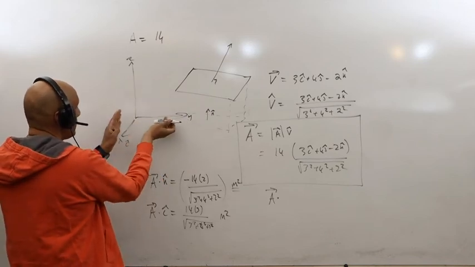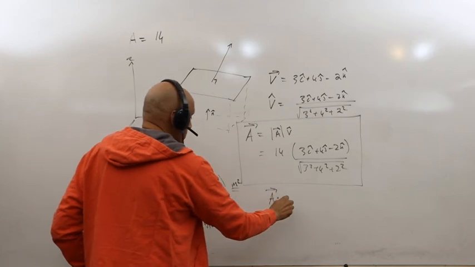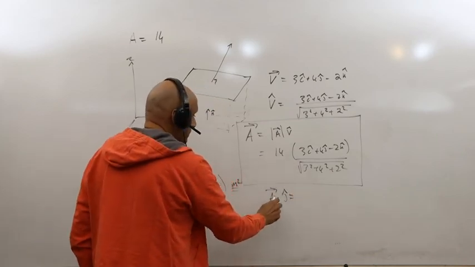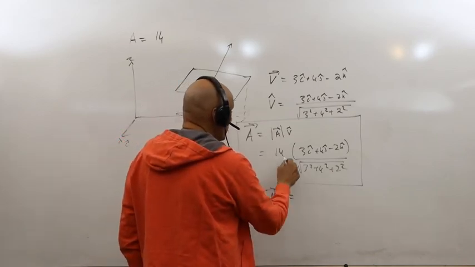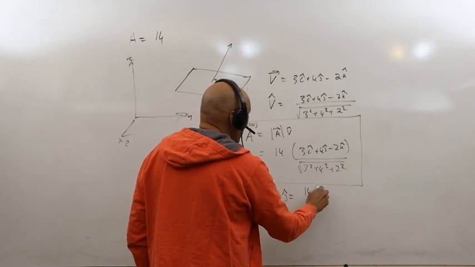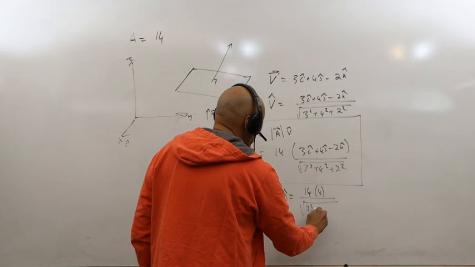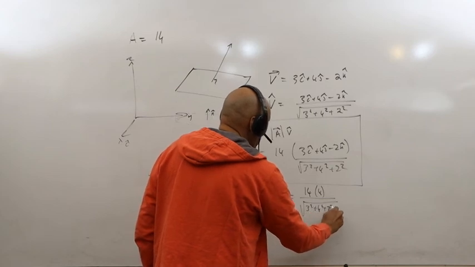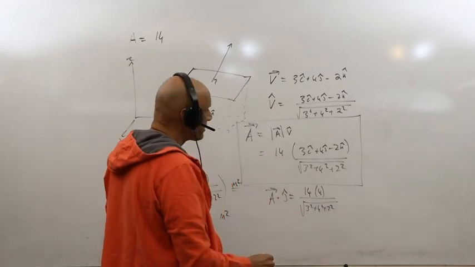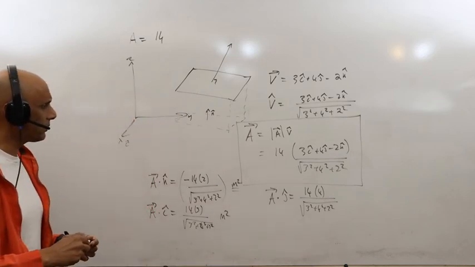So we're looking at the j component. So the area is really A dot j, which in this case happens to be 14 times 4 over the square root of 3 squared plus 4 squared plus 2 squared. And so the answer is in square meters.